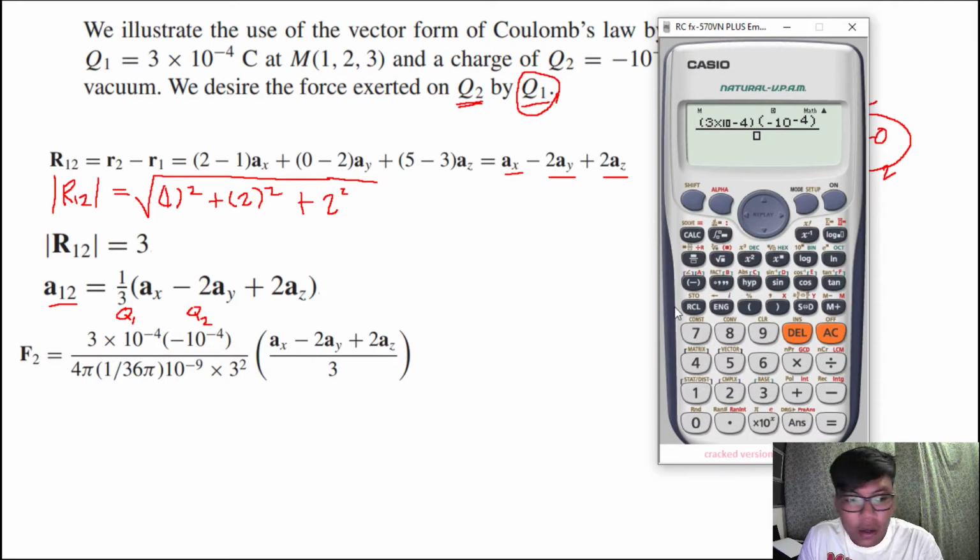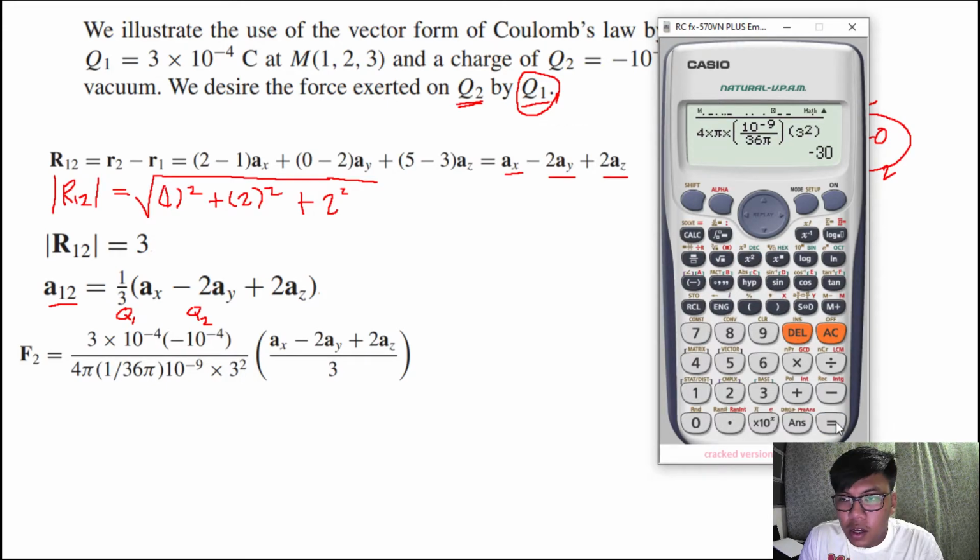So, times, all over 4 times pi times 10 raised to negative 9 over 36 pi. Huwag kalimutan, syempre, yung distance between the two charges, which is nakuha natin, R12, 3. So, we have 3 squared.